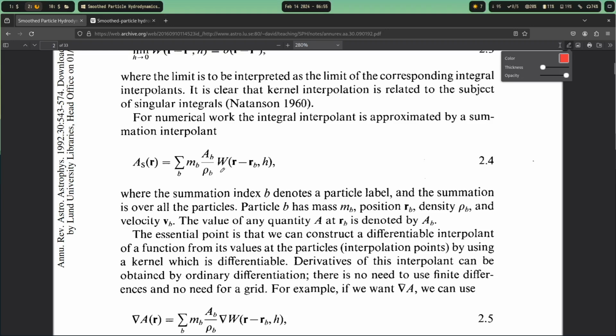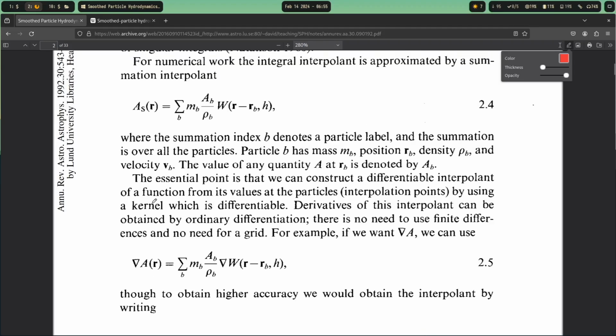a bit lower on the page. And then this is a weird function that we might need to just copy paste from here. We don't really need to understand it, but it's how much influence this particle would have on our particle based on the distance. So this is position, but it's called R for some reason.